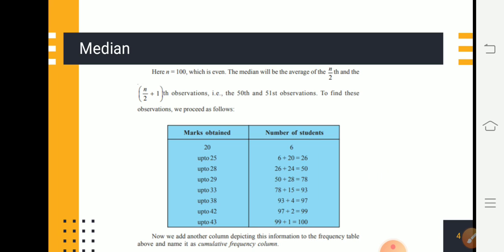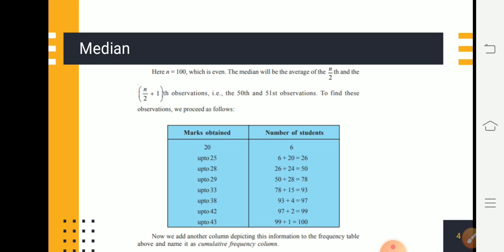To take the cumulative frequency, we find out whatever is the frequency in the second row and we go on adding. For example, marks obtained by 20 students is 6, and the second row, which was 25, now we change it to up to 28.